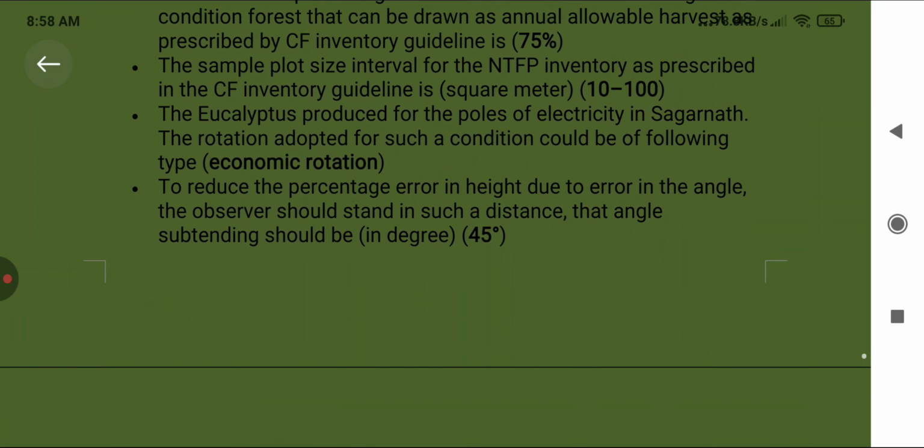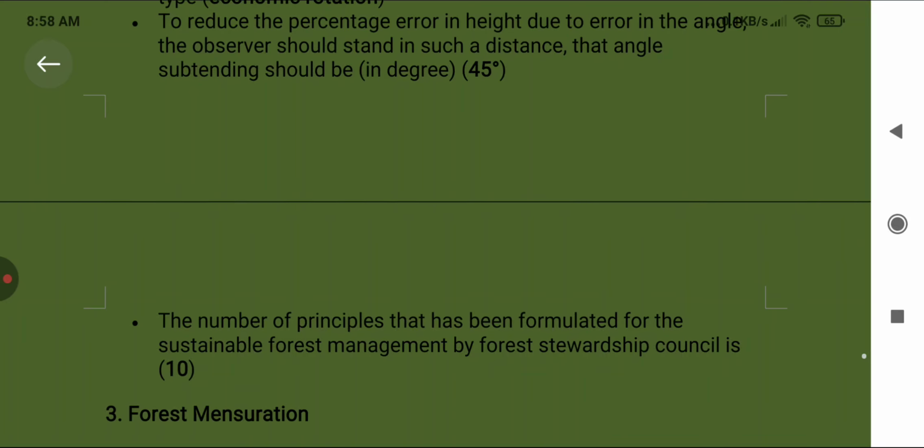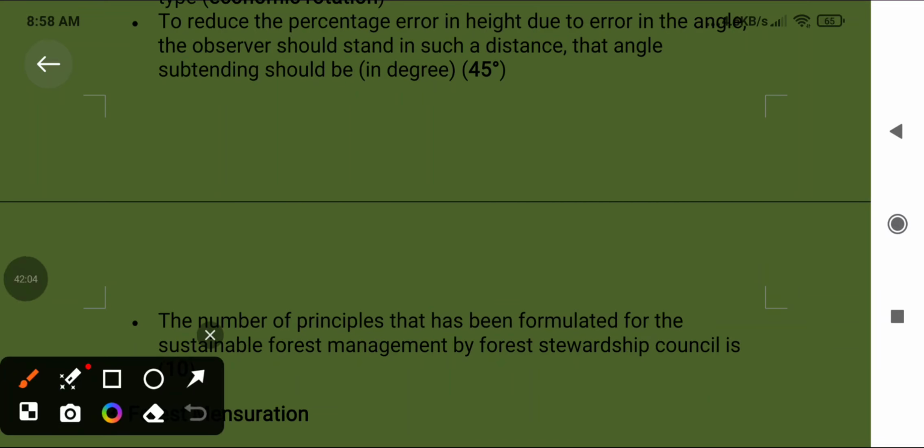And to reduce the percentage of error in height due to error in the age, the observer should stand at such a distance that angle subtending should be 45 degree.